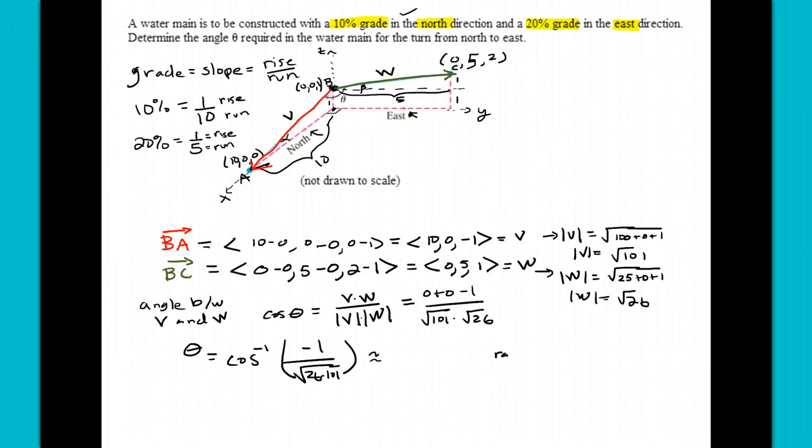I think they might want the answer in radians, and so you take it from there, but make sure you round it like they're asking for. I think it's to the hundredths place. And that's how you work that problem. Alright, great.